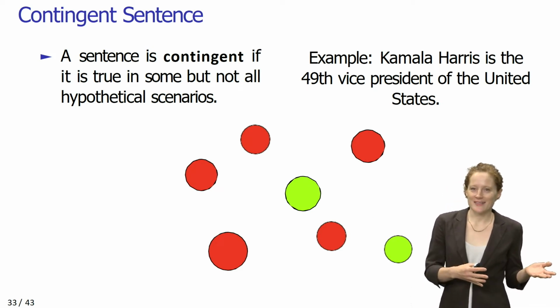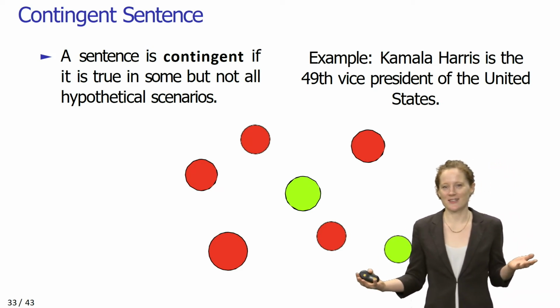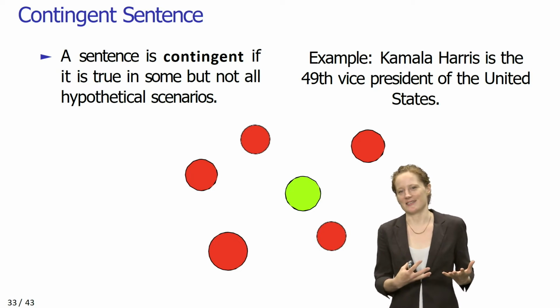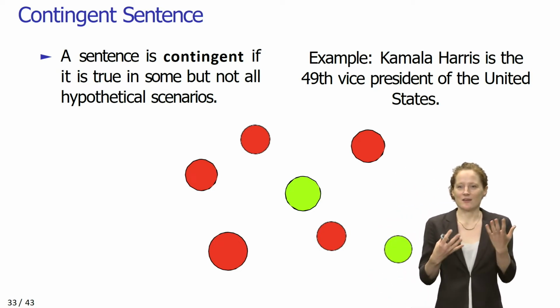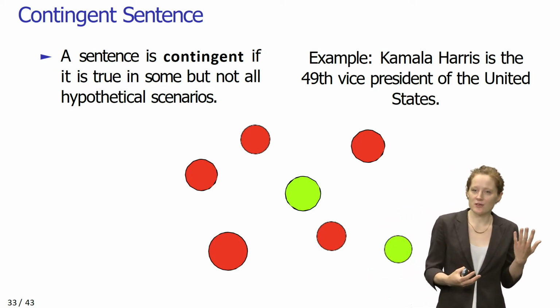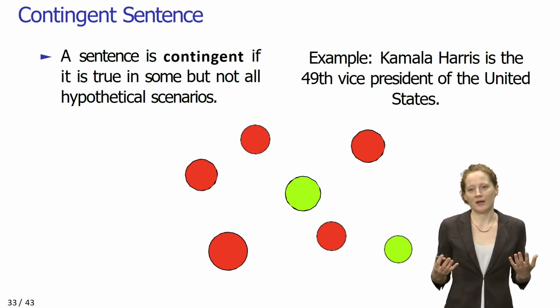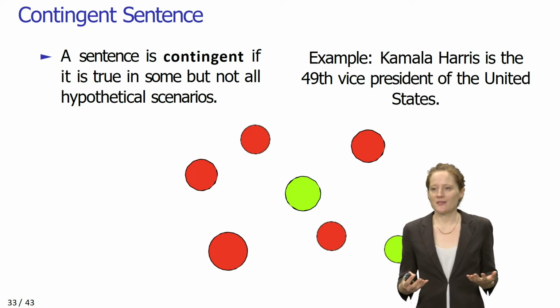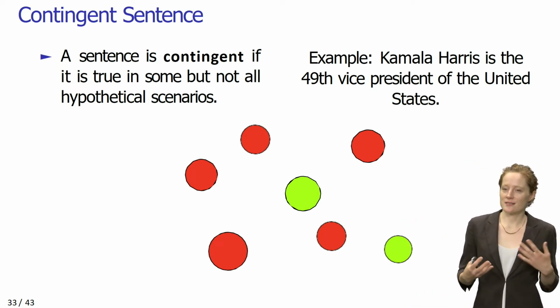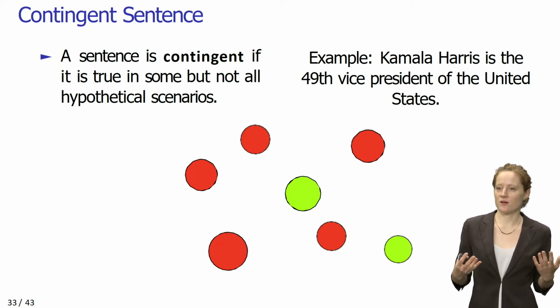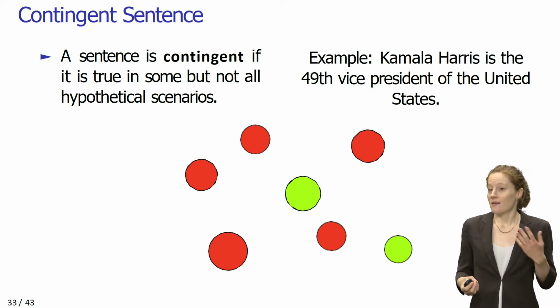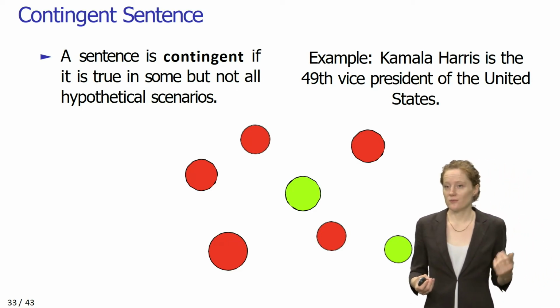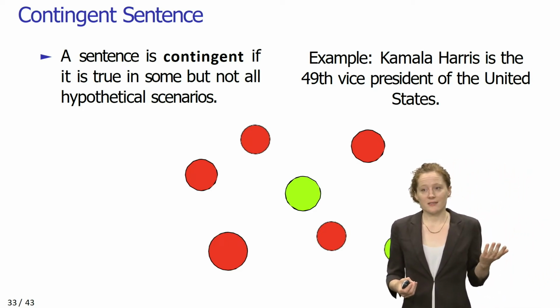In between necessary truths and necessary falsehoods are contingent sentences. A sentence is contingent if it is true in some, but not in all hypothetical scenarios. So for example, if you think about the sentence, Kamala Harris is the 49th Vice President of the United States, that sentence happens to be true, but it is not necessarily true.